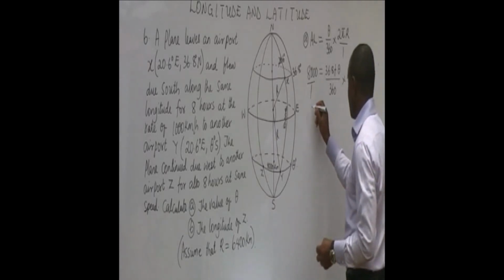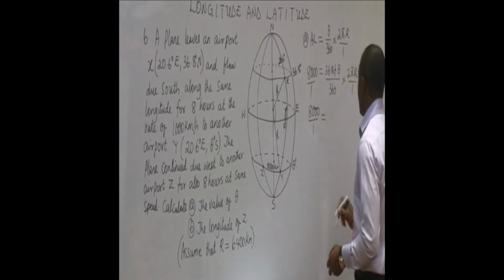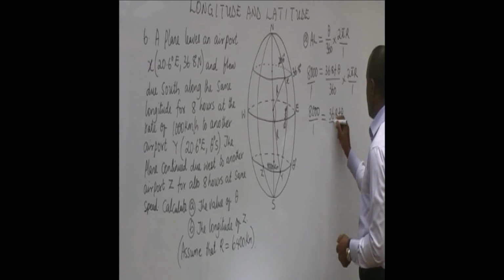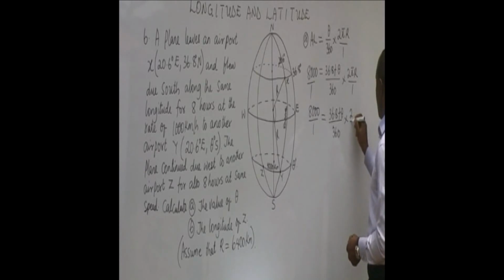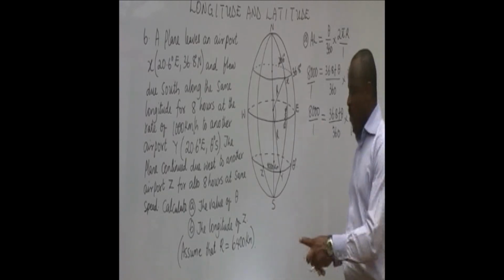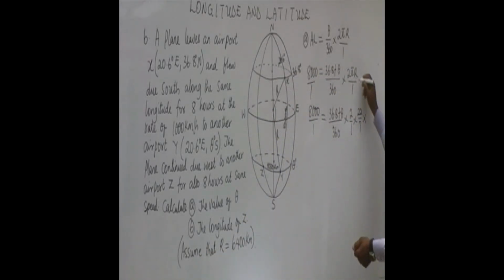So let's multiply out. On the left hand side, you have 8000 divided by 1, is equal to, what you have here is 36.8 plus theta all over 360 times 2 all over 1 times 22 all over 7, times, we were asked to assume that R is 6400. So instead of writing R, put 6400 all over 1.